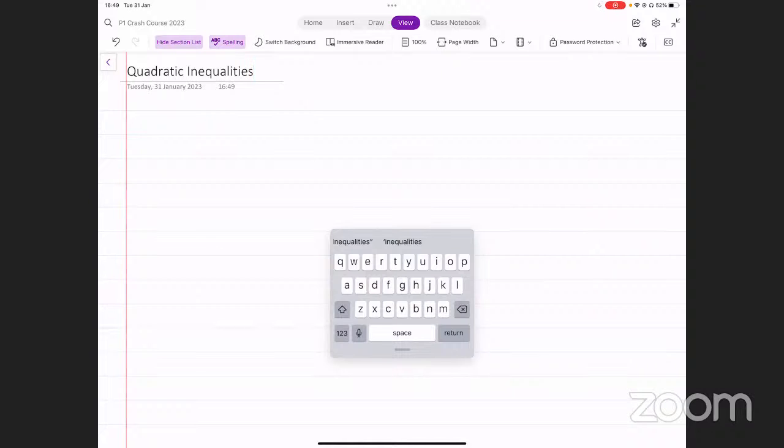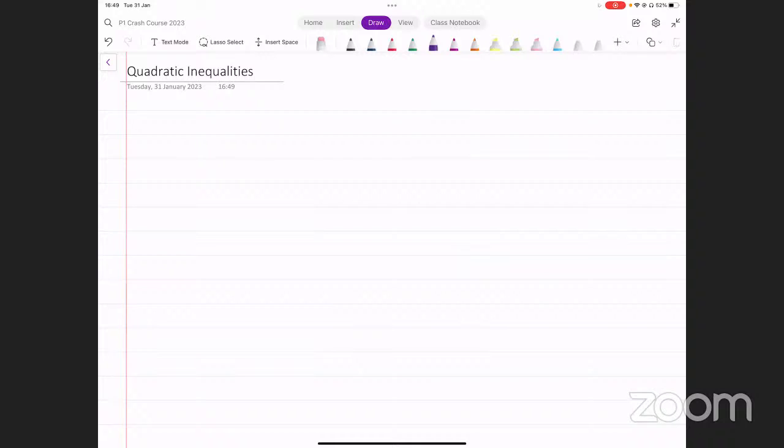Okay, so we want to be able to solve quadratic inequalities now. Let's start with an example. Let's say we have x squared minus 7x plus 12 equals 0, first of all. This is a quadratic equation, and we know how to solve it.